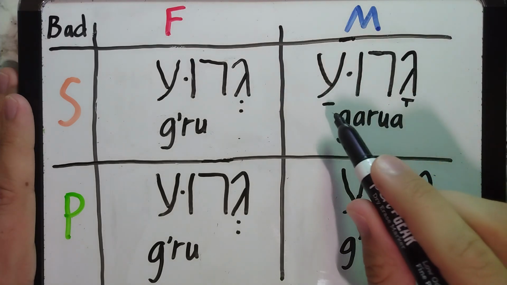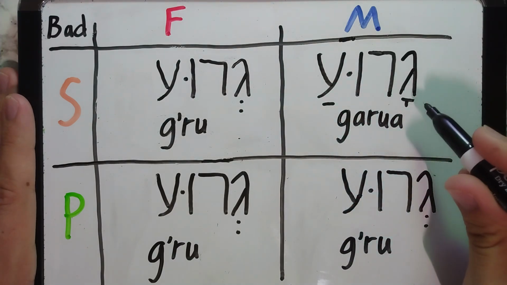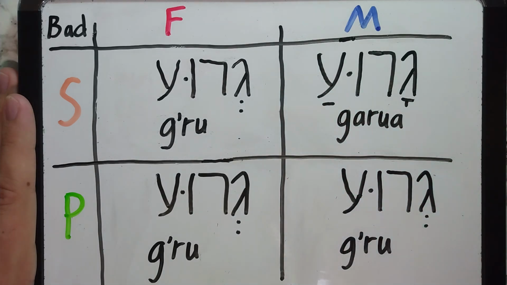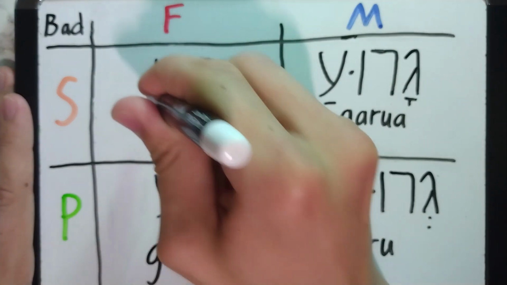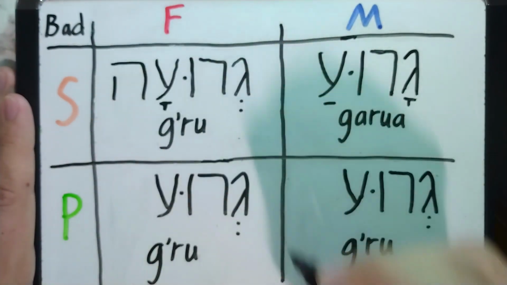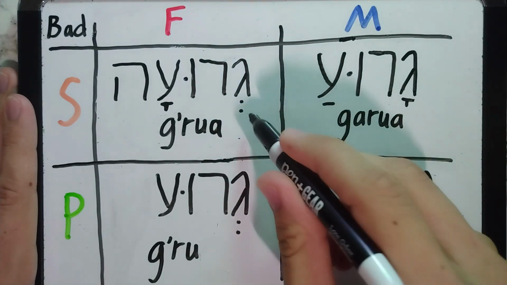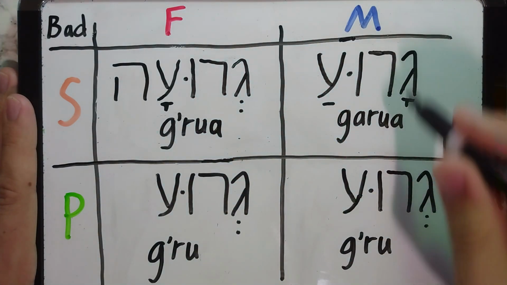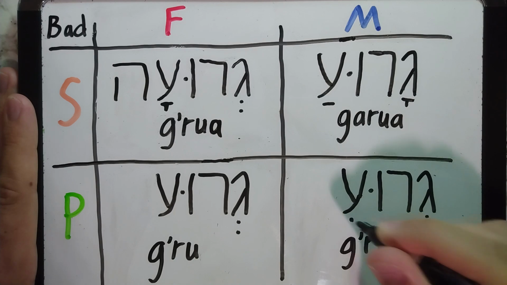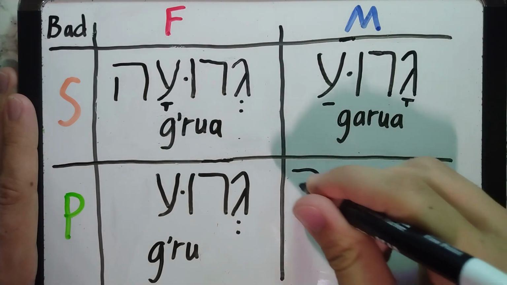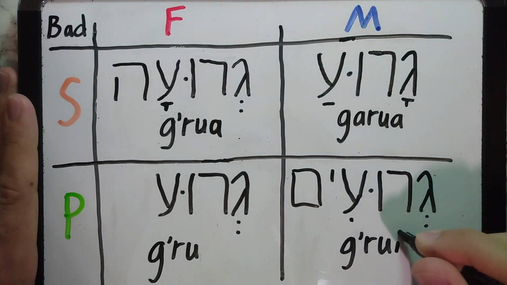So once we remove the patach from under the ayin and contract the kamatz under the gimel to a shva, we can now add the endings that we always do. For the feminine singular form, we will add a kamatz and a silent hey to say a, to get garua. For the masculine plural form, we will add the ending hirik, yud, and final mem to say im.